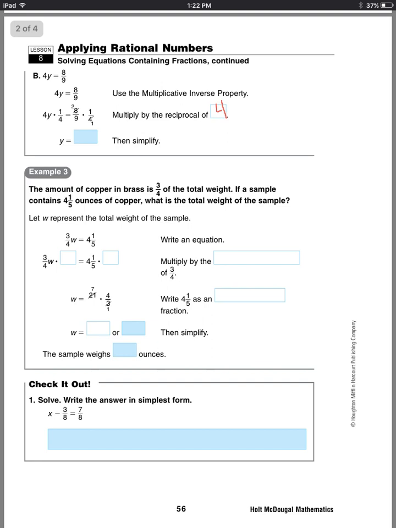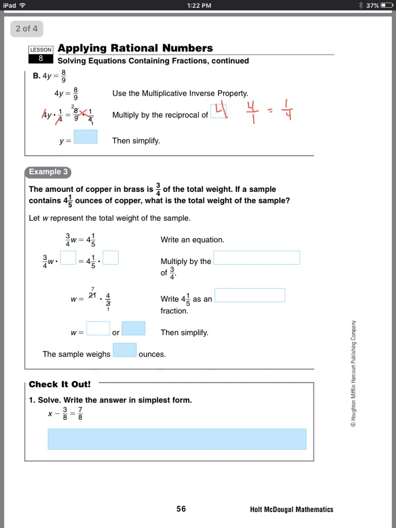So the reciprocal of 4 can be a fraction of 4 over 1. So the reciprocal is 1/4. So look over at this problem. We have 4y times 1/4, and then equals 8/9 times 1/4. So these cancel, leaving us with just y.